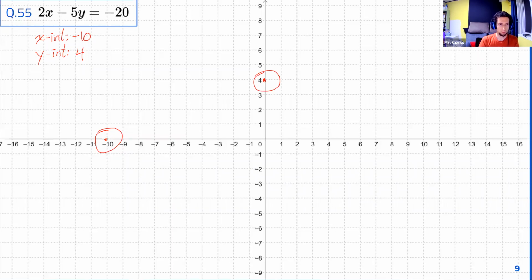Let me make sure I get this lined up nicely. About through there. All right. Let's say we are not 100% confident. What could we do to check this line and make sure that we have it right?